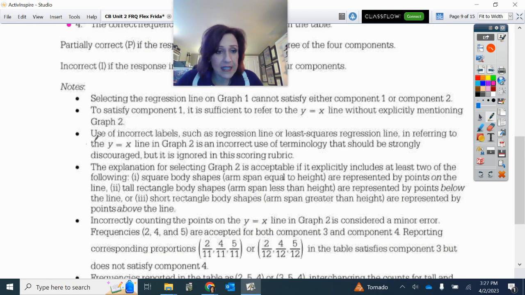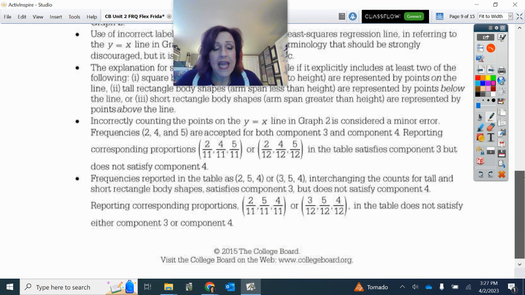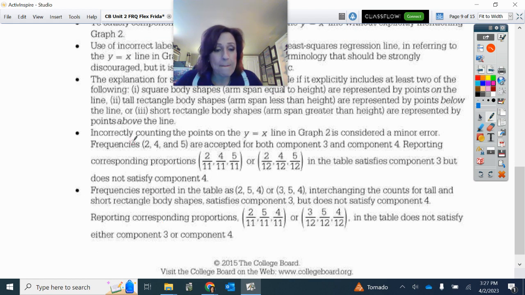You want to read some of these ones here as to how you could have gotten some partial credit. Interestingly enough, they considered it a minor error if you only noticed 2 of the dots that were actually on the line. So if you did 2, 4, 5, then you were good and you got credit.